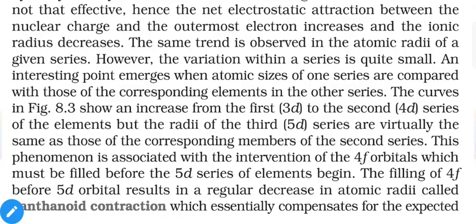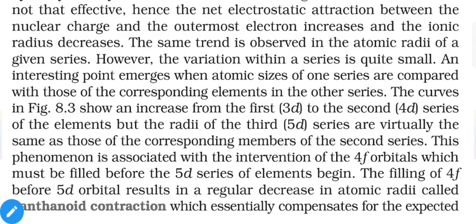Figure 8.3 shows an increase from the first 3d to the second 4d series of elements, but the radii of the third 5d series are virtually the same as those of the corresponding members of the second series. This phenomenon is associated with the intervention of the 4f orbitals, which must be filled before the 5d series of elements begins.